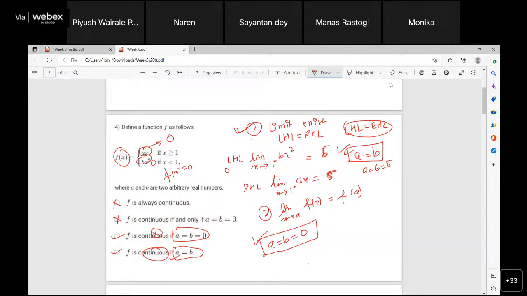Yes, Naren, go ahead. I'm still observing that when a equals b equals 0, our function f of x has some unit numbers. Where a is 0, ax will become 0, and bx squared also will become 0.